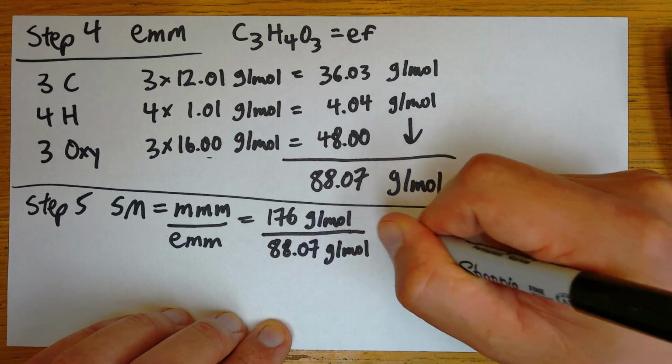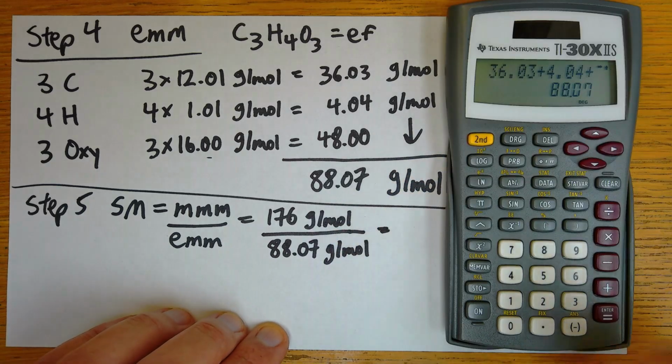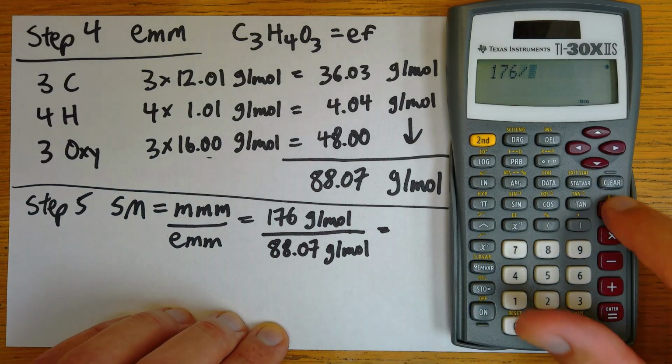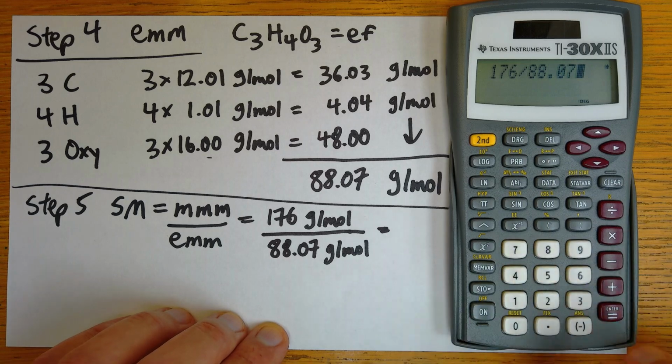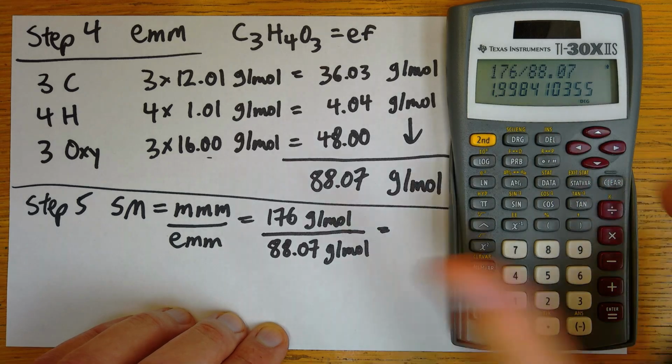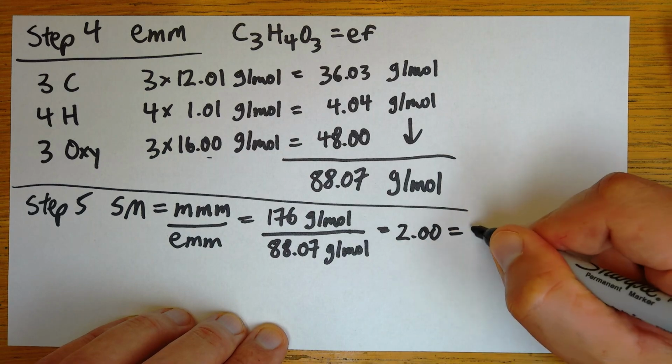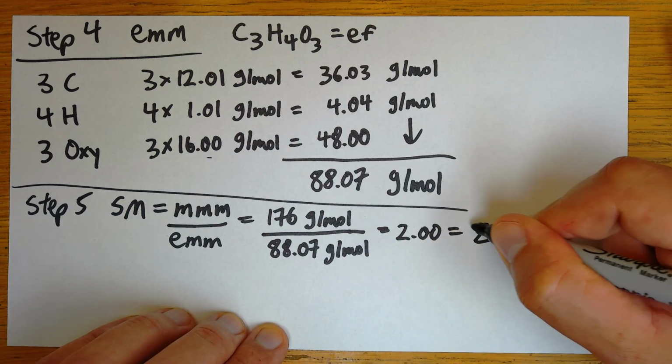This feels like a 2. I like to make predictions in my head. And yeah, 1.998, to 3 sig figs that's 2.00, which is just 2.